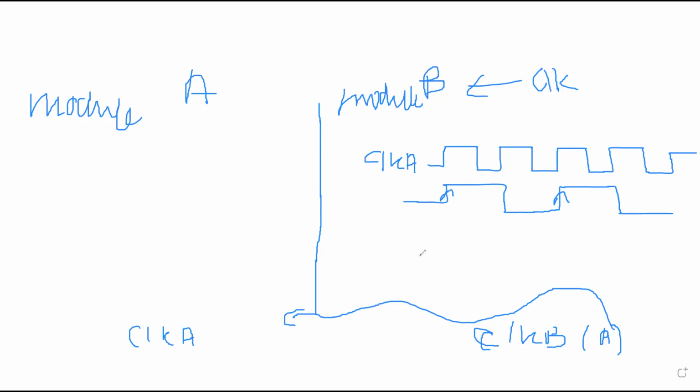And there is another clock, it's faster, something like this. Okay, this is clock B. So can anybody tell what is the relation between clock A and clock B?